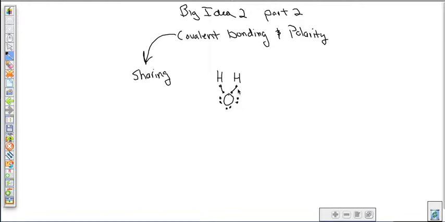Oxygen counts these shared electrons as its own, and hydrogen counts them as its own as well. So each atom acts as if the shared electrons are its own, and that causes it to be this group right here. Within the sharing, everything is stuck together. So this is a covalent bond.